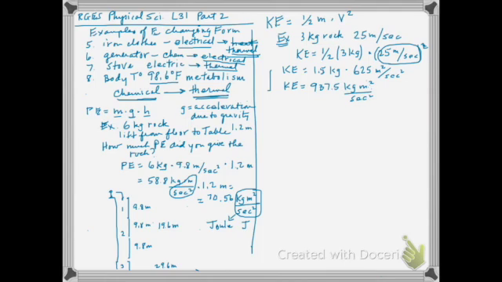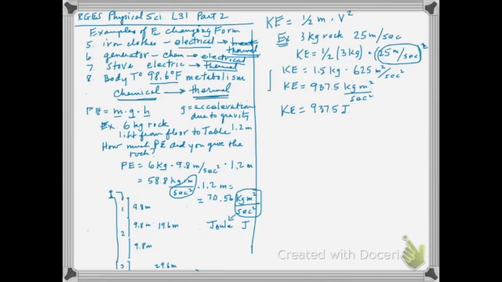So we have 937.5 joules. The kinetic energy is 937.5 joules. Okay, so just multiply it through, use your algebra, just do it the same way every time and you'll be good.